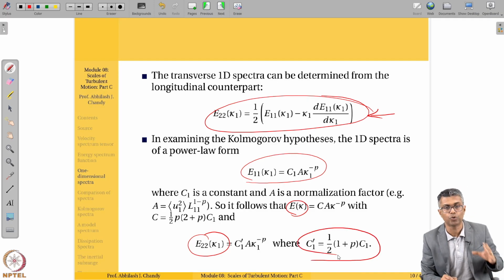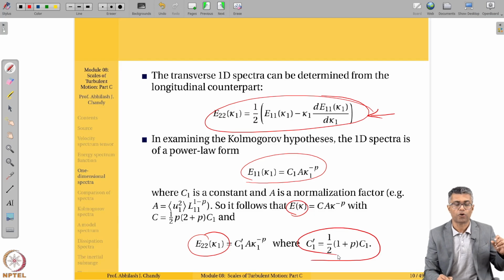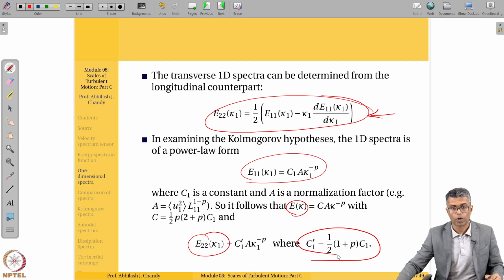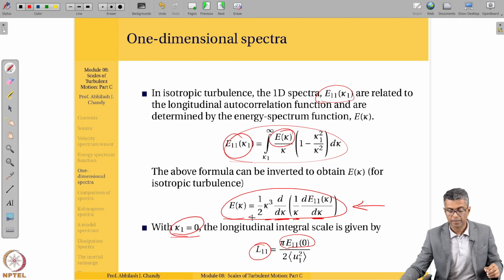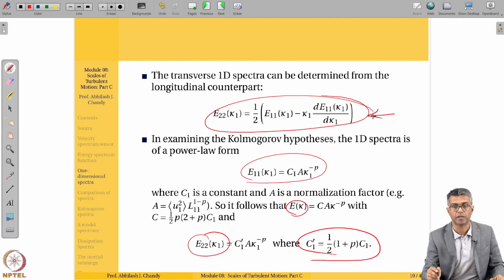And so I have two equations derived here, for E of k and E22. So what I did was I started from E11, used this equation to get E of k, then used this equation here to get E22.